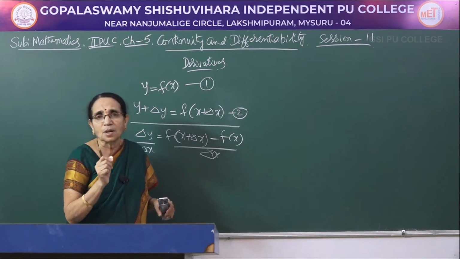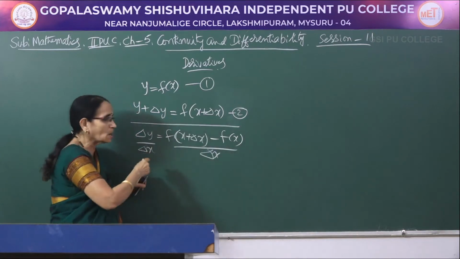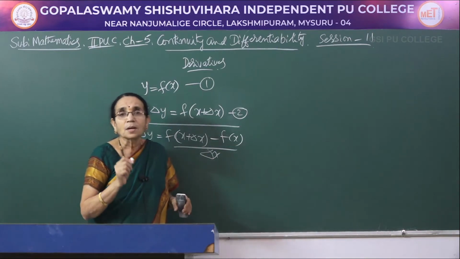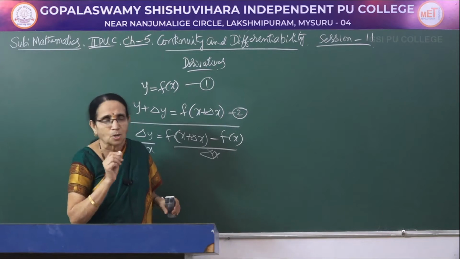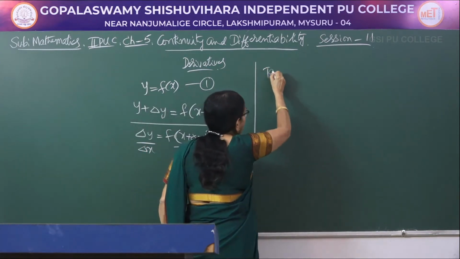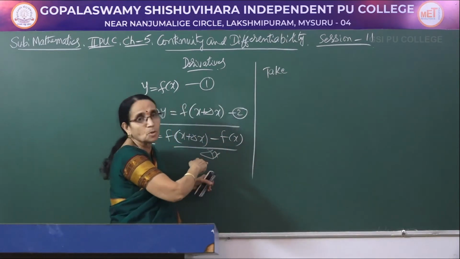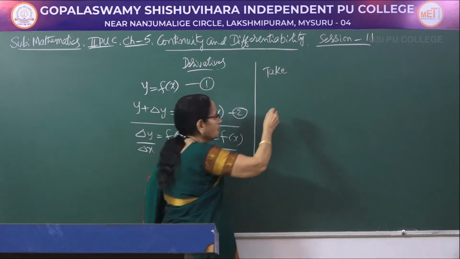What does delta x stand for? It is the increase in the value of x. This delta y by delta x is called the incremental ratio.